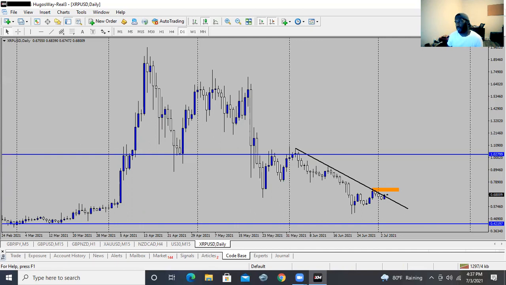But again, if we break this previous higher low, previous lower high right here, from other closes last week, then I could see us going back up to 1.02. But right now, I think we are still very bearish on XRP and other cryptos.